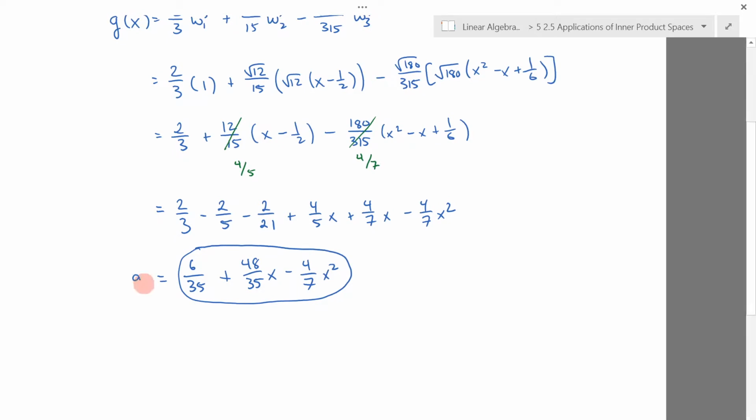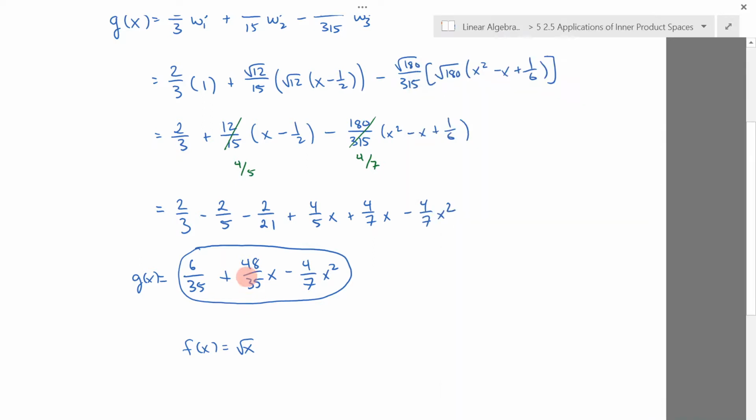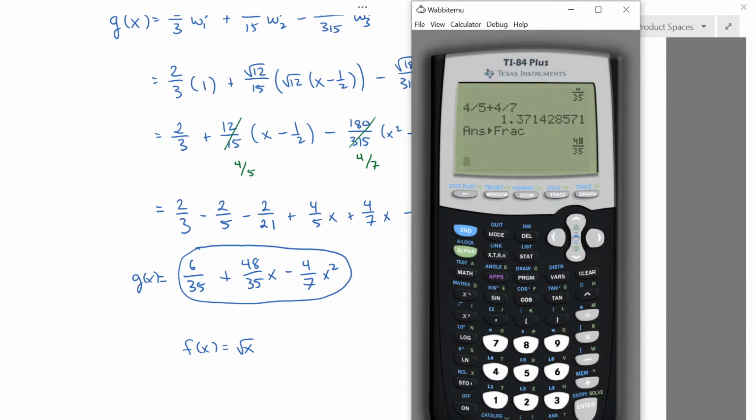Right, so this is g of x, and our original f of x was the square root of x on the interval from 0 to 1. Right, so we can compare the graphs of these two functions to see how close the approximation is. Right, so let's graph them.